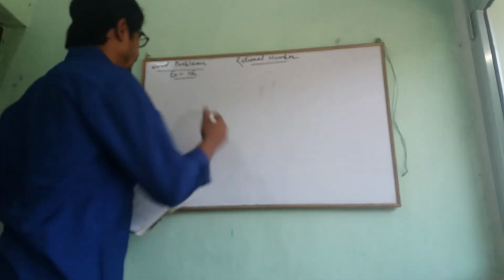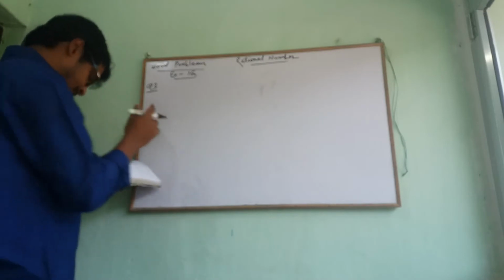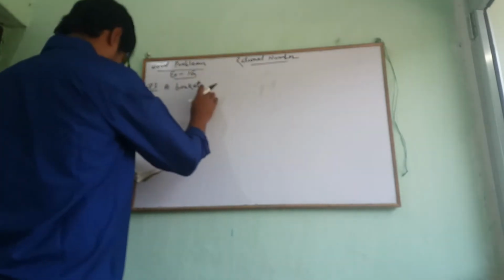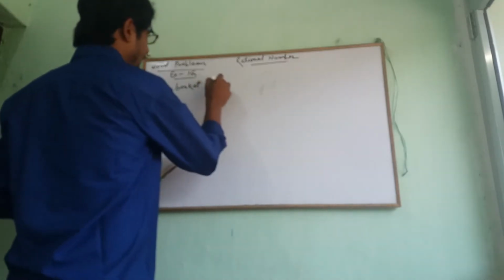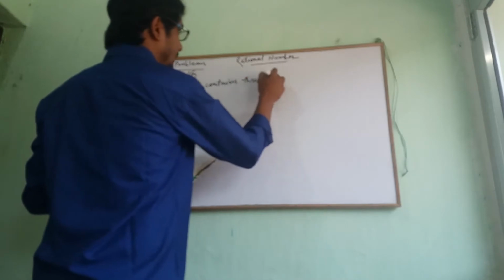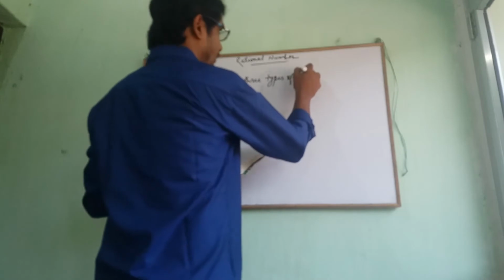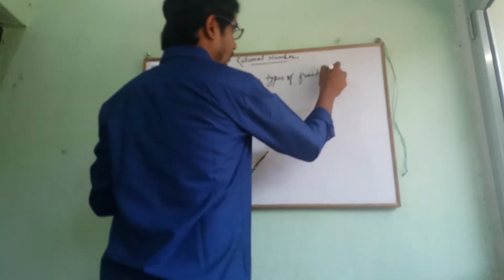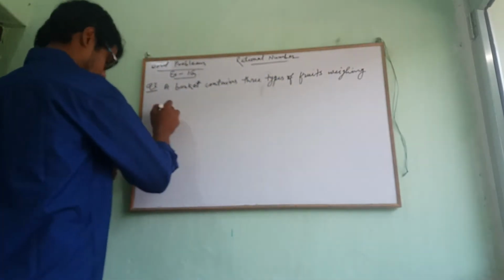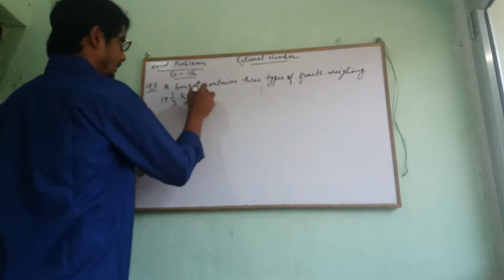So my next question from RS Agarwal exercise 1G, question number 3. A basket contains 3 types of fruits weighing 19 whole 1 by 3 kg in all.